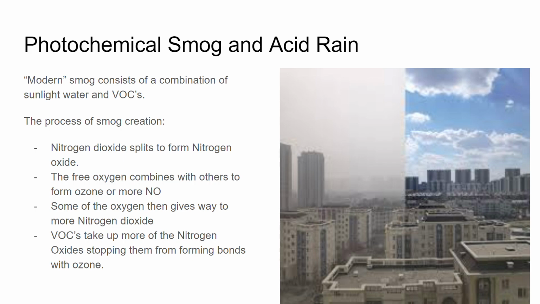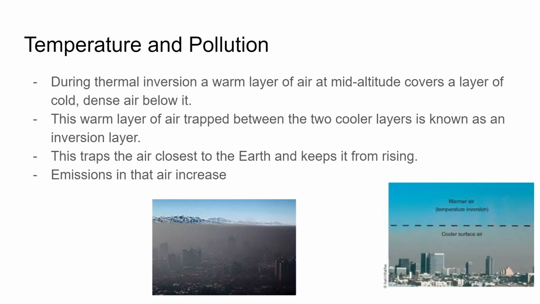And then the VOCs take up more of the nitrogen oxides, stopping them from forming bonds with ozone. So all of that together is really what modern smog is, and it can be incredibly devastating. You guys can see the smog heavy day as compared to the smog-less day in that background photo there.